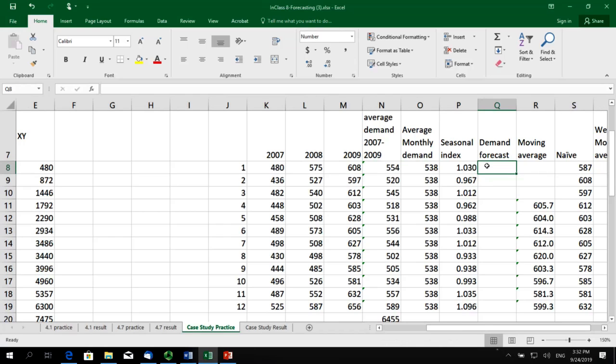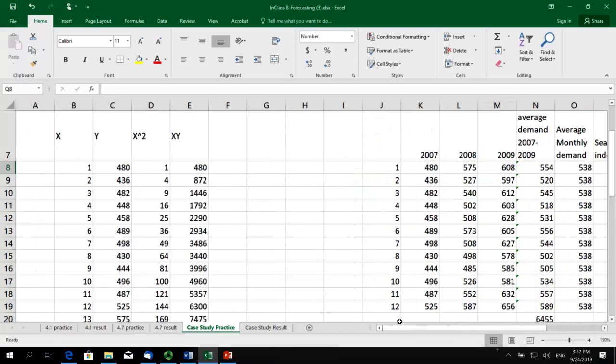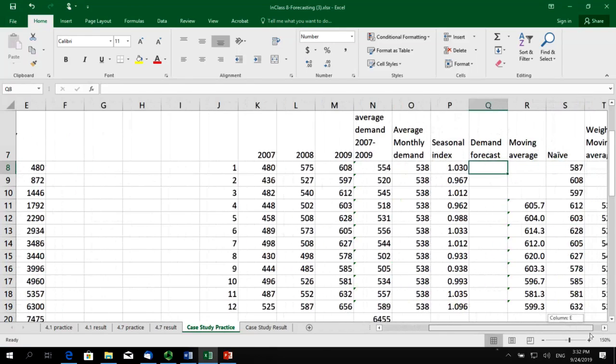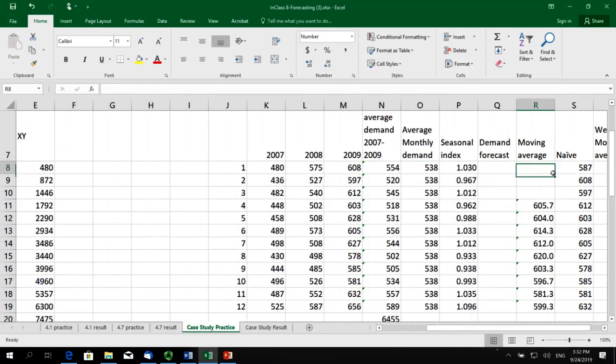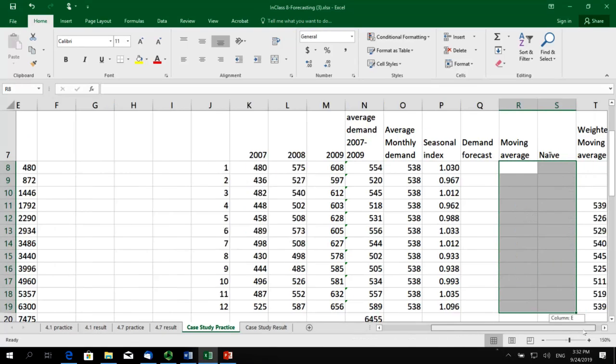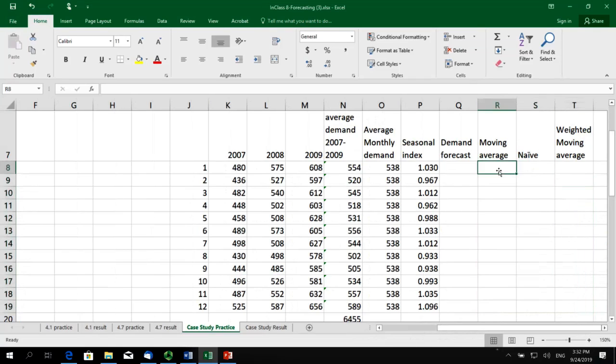So this one I'll leave, because the case study didn't give us a specific number for what the demand will be in 2010. So now just leave this blank, but our next one is to use the moving average model and naive model to find out the demand.